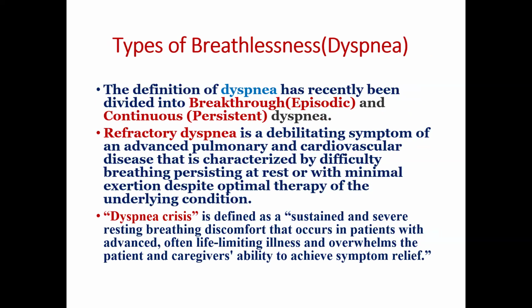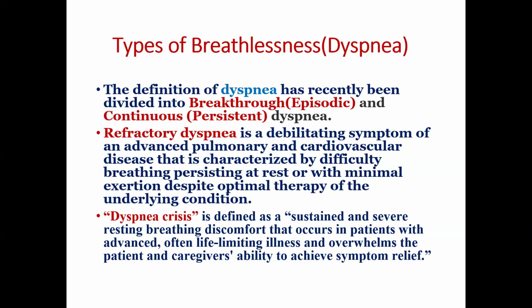All right, we have different types of dyspnea or breathlessness. We have breakthrough and we have continuous. We have refractory dyspnea, which is a debilitating symptom of advanced pulmonary and cardiovascular disease characterized by difficulty breathing, persisting at rest or with minimal exertion, despite optimal therapy of the underlying condition.